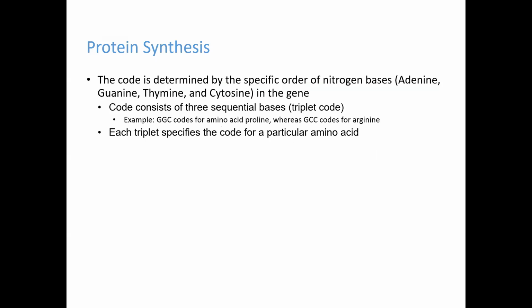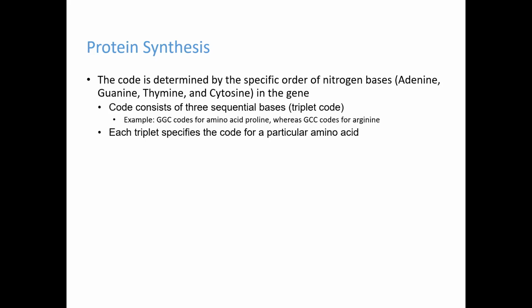Now, we talked about protein synthesis a little bit in the sense that the ribosomes are where the proteins get made. The ribosomes are located on the rough endoplasmic reticulum. They are made of ribosomal RNA. All the RNA in a cell gets made in the nucleolus inside the nucleus.